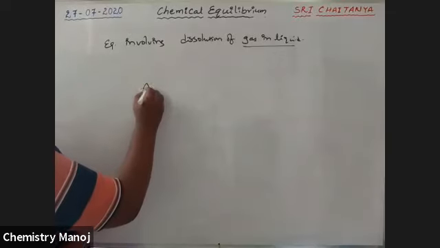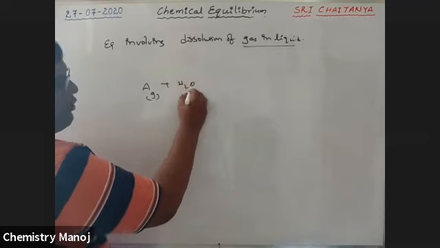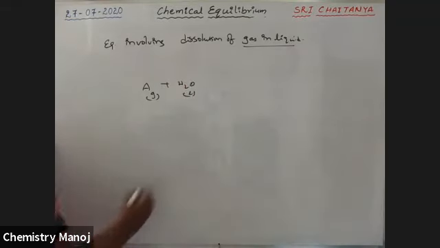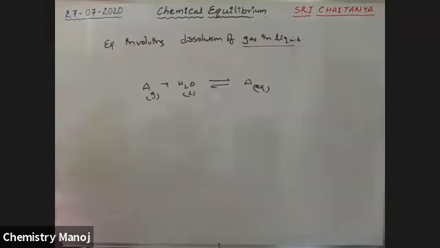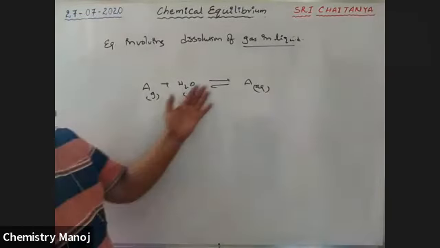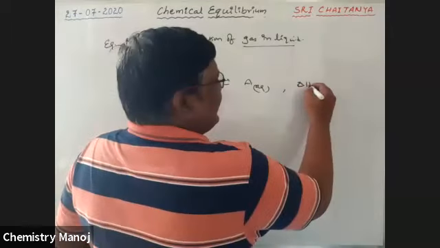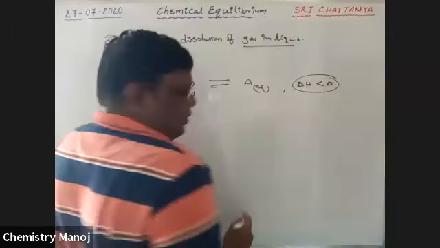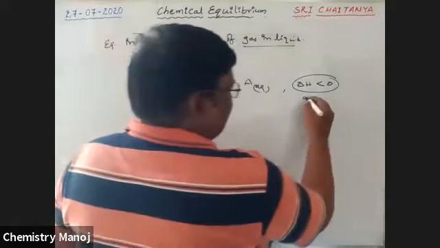So there is a gas, let it be A, dissolved in water, H2O, a liquid, which gives A in the aqueous state. That means the gas is dissolved in water and an aqueous solution is formed. During this process, delta H is generally less than 0, my dear boys.